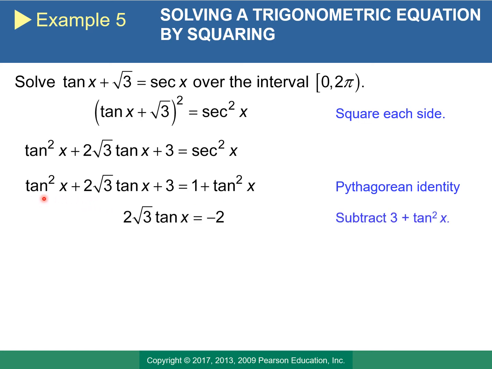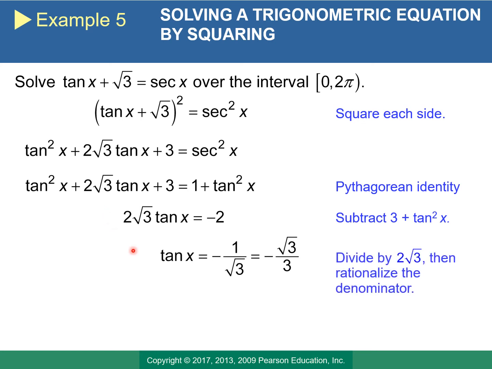Right. Now we start simplifying, and so if you subtract 3 plus tangent squared x from both sides, the left side minus the right side, 1 minus 3 is negative 2, and the tangent squared x minus itself went away, it was 0. Okay.